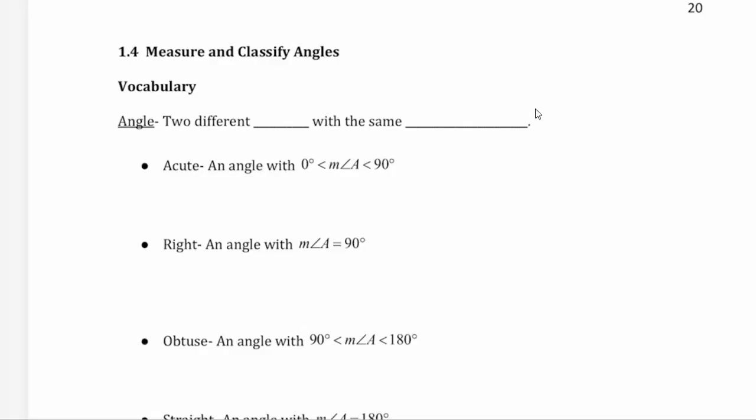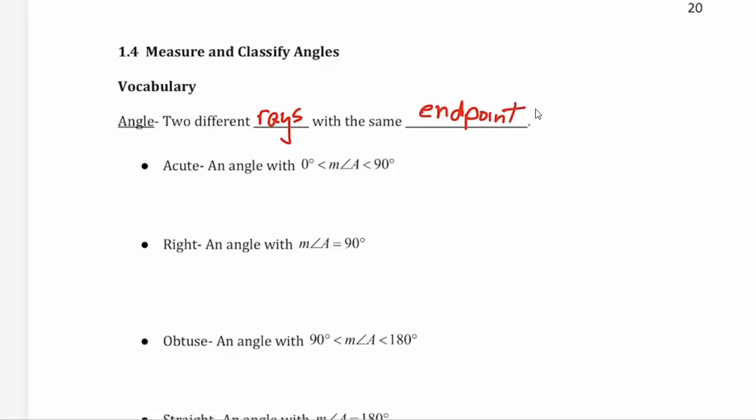In terms of vocab, we want to know that an angle consists of two different rays, R-A-Y-S, with the same endpoint. This is how we build an angle.